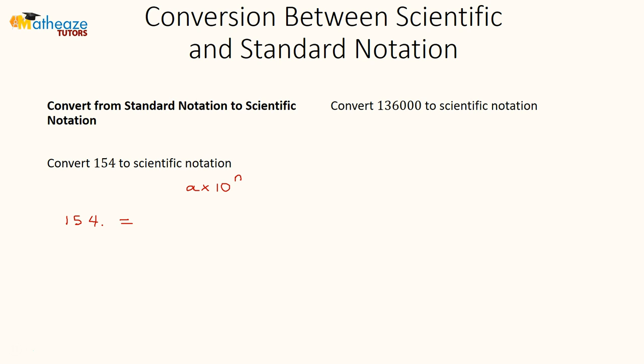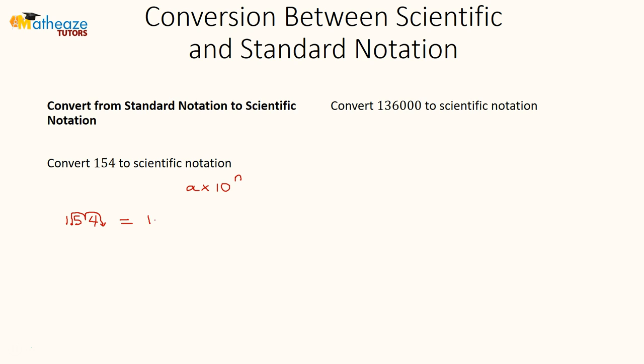So here's what I'm going to do. I'm going to put the decimal point between 1 and 5. And so what I need to do is go from this position right here between 1 and 5 to the current location of the decimal point, which is 2 units to the right. So I go 1 right here and 2.